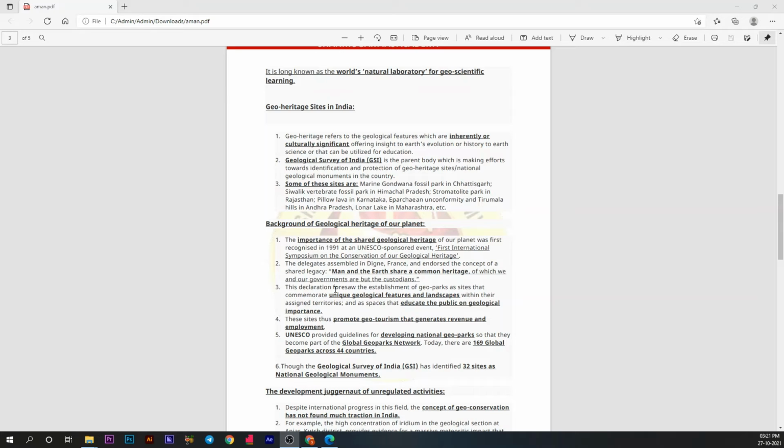And the unique aspect here is the establishment of geoparks as sites that commemorate unique geological features and landscapes within their assigned territories. Here, assigned territories means the world.